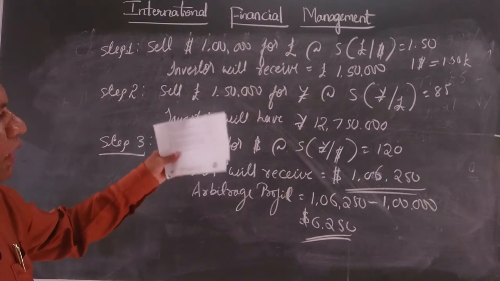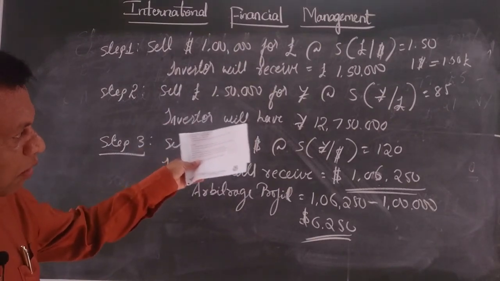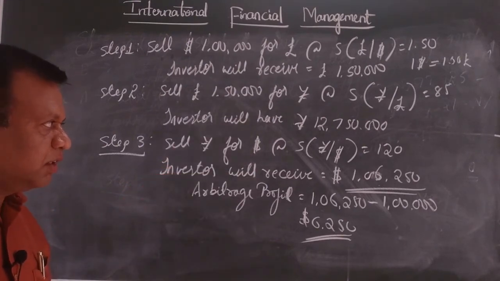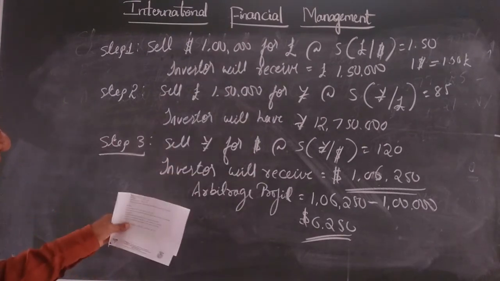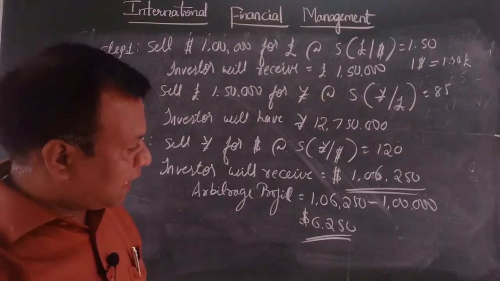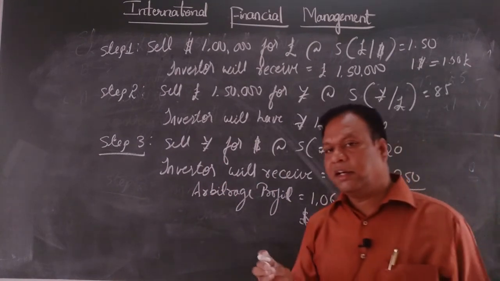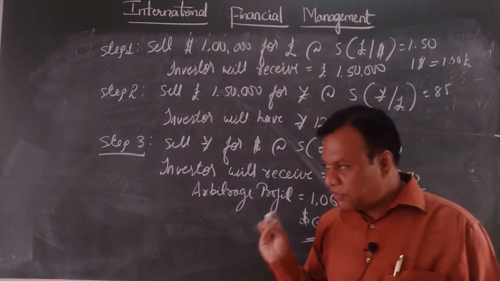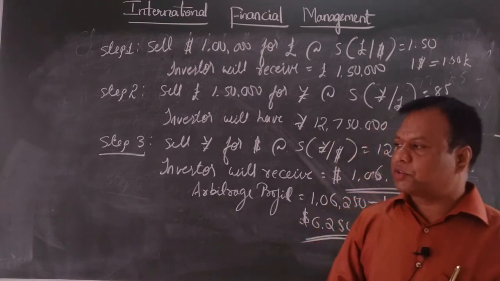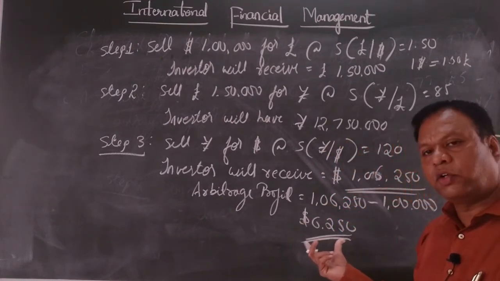In the same way, we sell the 1,50,000 pound for yen and get yen 1,27,50,000, and this yen we convert back to dollar. Once we convert back, we get $1,06,250. Initially we started with 1 lakh and ended up with 1,06,250. Thereby we realized a profit of $6,250.